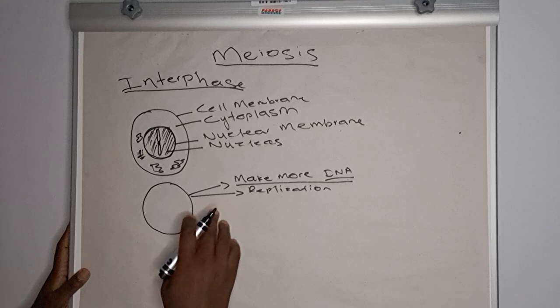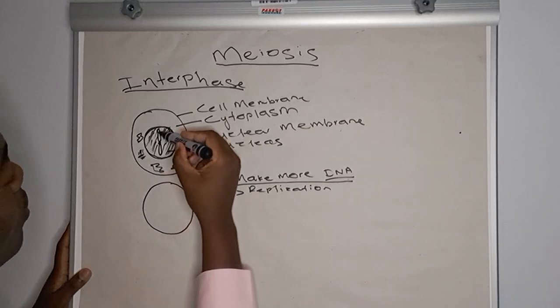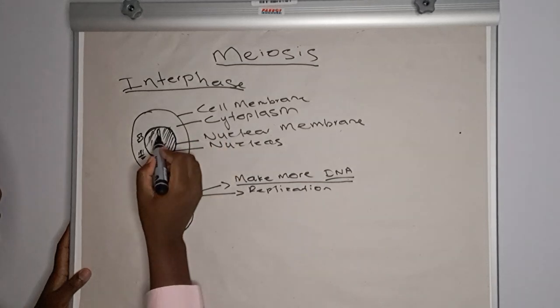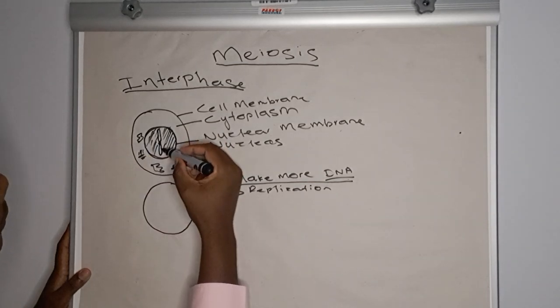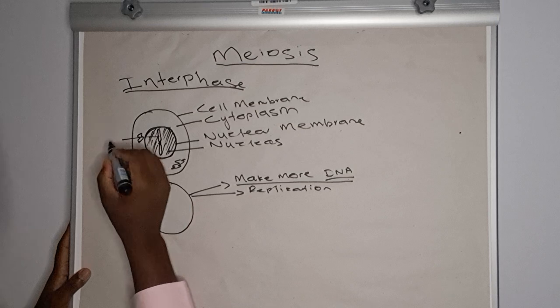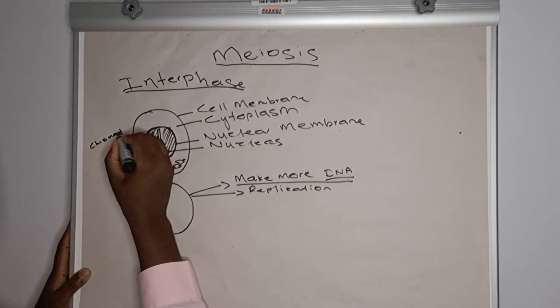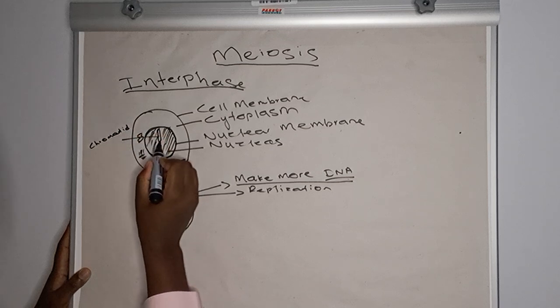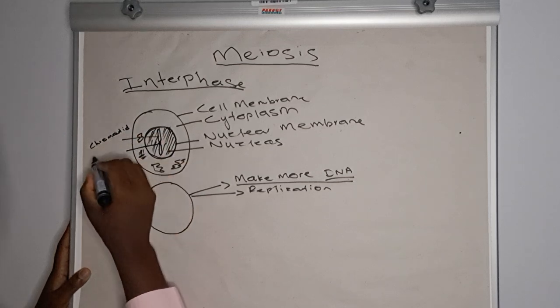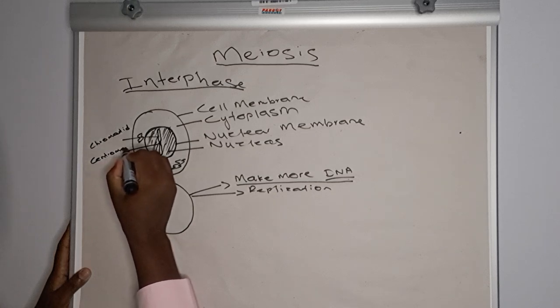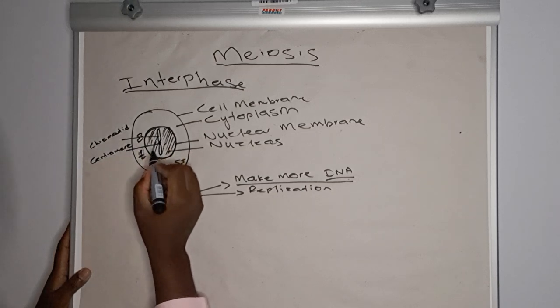How do we go about making this? This is what we are going to be focusing on, this chromosome. This arm and this arm, we call them chromatids. This in the middle, we call a centromere. This one and this one are the same thing.